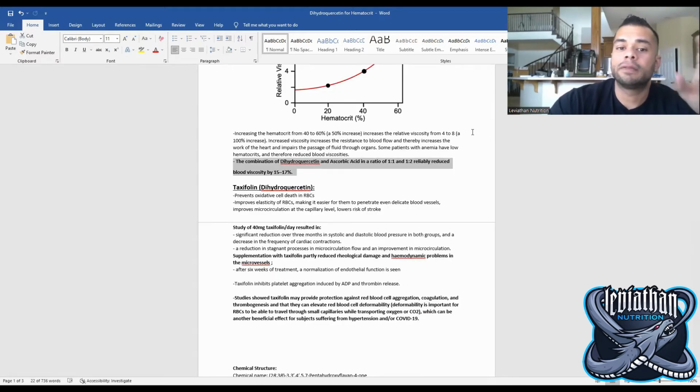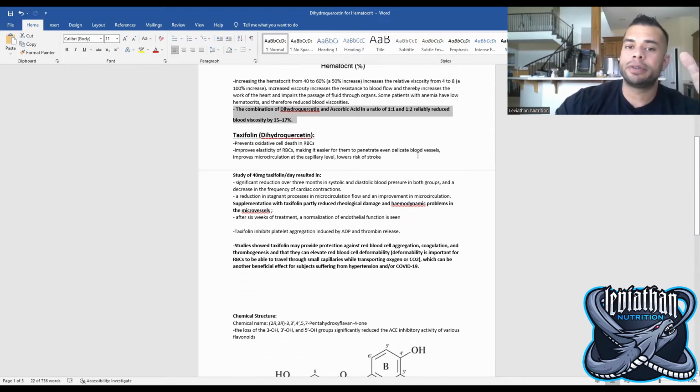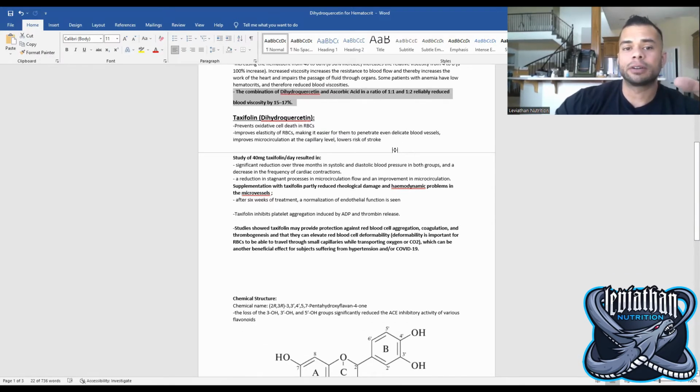The combination of dihydroquercetin and ascorbic acid in either a ratio of 1:1 or 1:2, by whatever study you look at, reliably can reduce blood viscosity by 15 to 17%, which is pretty substantial when you're just dealing with one ingredient. And there are multiple clinical studies showing these effects of dihydroquercetin. So we're going to get more into just how interesting this ingredient is.